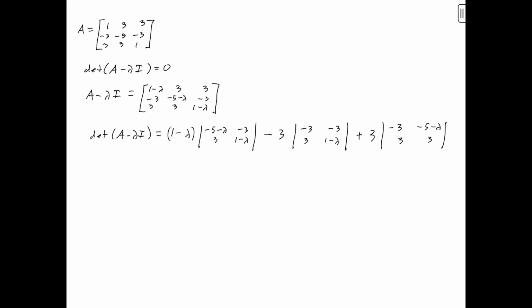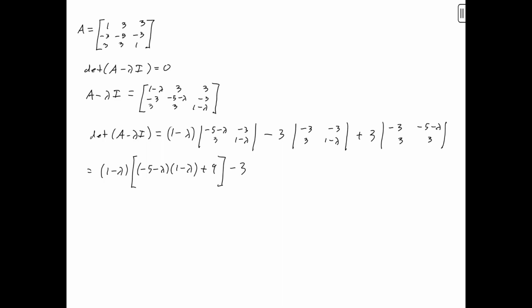Then you would have to do the determinant of each of these things. So you'd get 1 minus lambda times negative 5 minus lambda times 1 minus lambda minus a negative 9 becomes a plus 9.